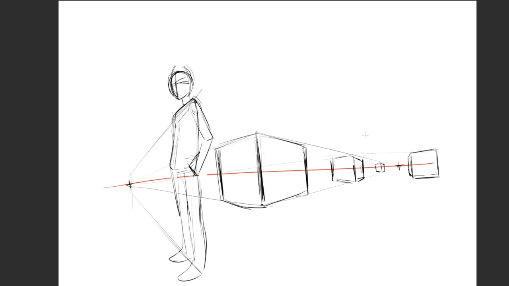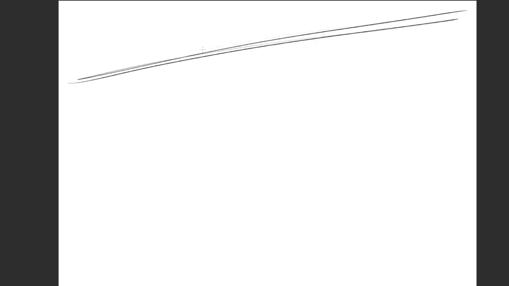The reason is that the special vanishing point I mentioned on the upper part is very, very high up, and the vanishing point in the lower part is very, very far down. Since it's really far away, in a bird's eye view, you might notice the horizon line really above the eye level.